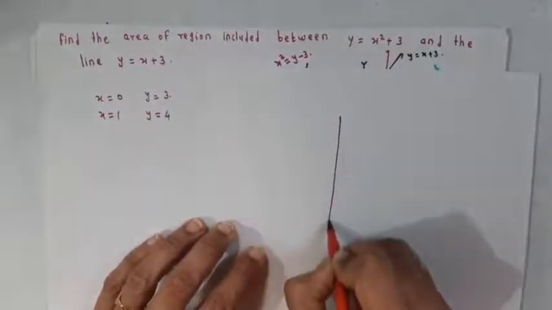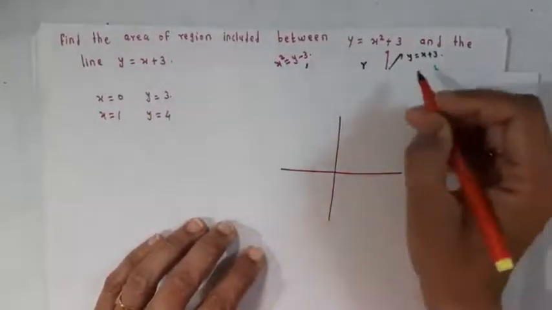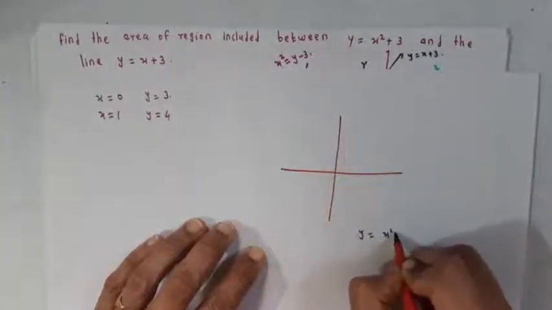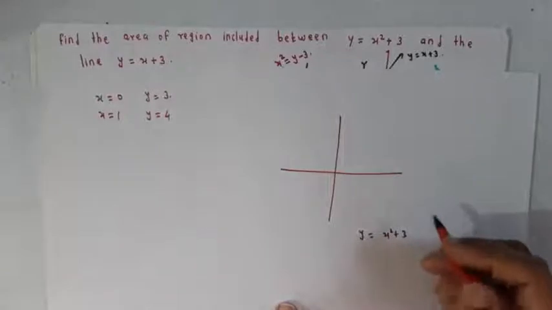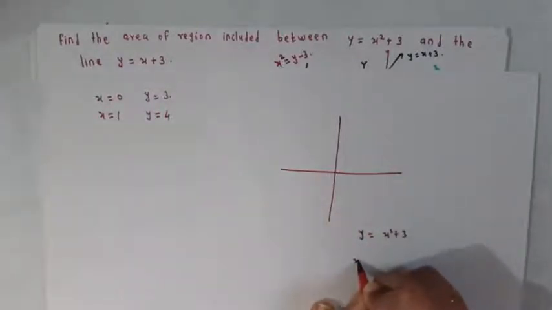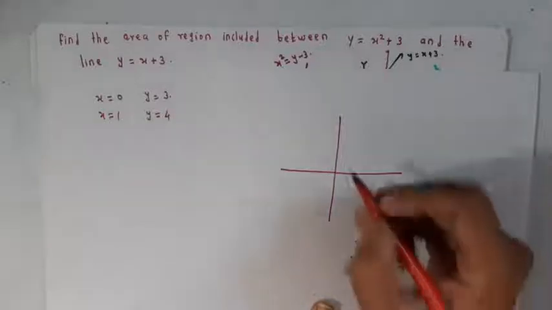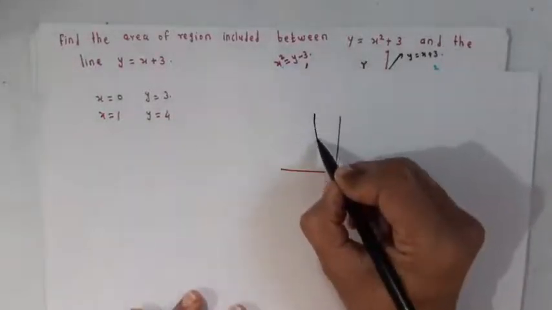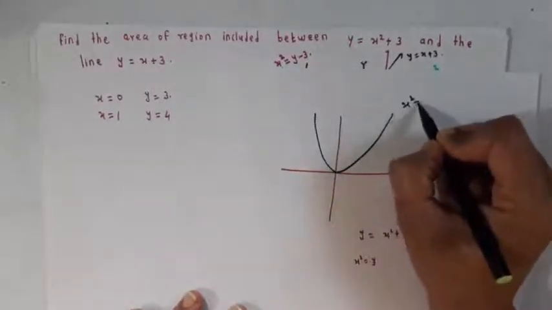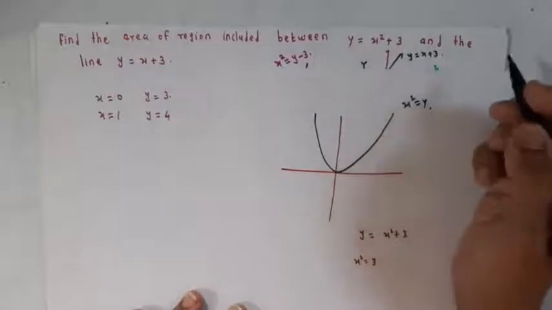Now y equal to x square plus 3 is a type of parabola, that is x square equal to y. If the parabola is like this, x square equal to y, it is along the y-axis.